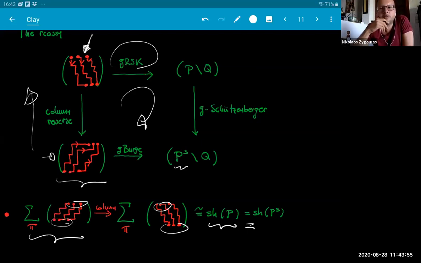He had also introduced the local moves of the geometric Schützenberger involution. But he hadn't talked about the geometric Berge correspondence in that paper. So yes, geometric Schützenberger has a very similar encoding in terms of local moves like geometric RSK. It goes again diagonally up in this fashion, but it doesn't touch the shape.